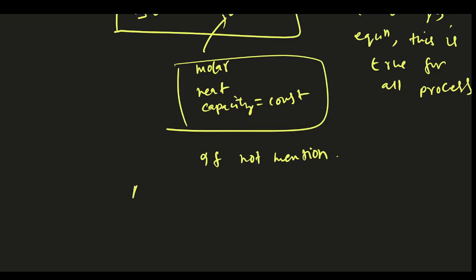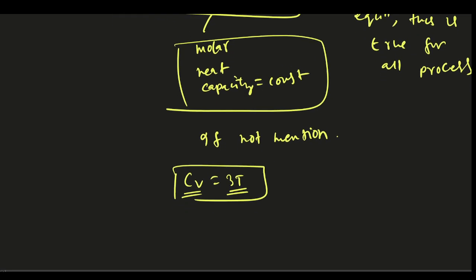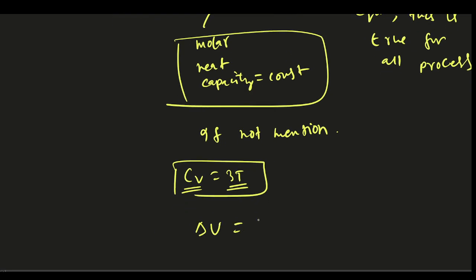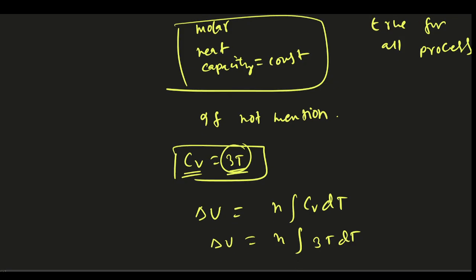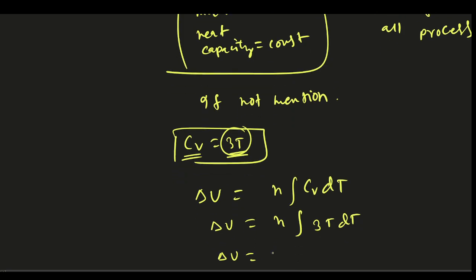If it particularly says that Cv equals, say, 3T, then at that time Cv is changing with temperature. So in that case Cv is not constant. In that case we will write the formula delta U equals n Cv delta T, because it says that Cv equals 3T. So here delta U equals n times 3T dT, then delta U equals 3n T dT. So at that time you use this formula.